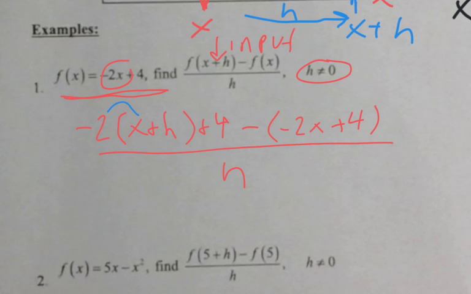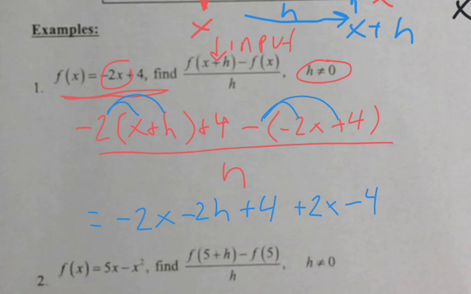So now we'll distribute the negative 2, and we get negative 2x minus 2h plus 4. Distribute the negative here, and we get plus 2x minus 4, all over h.